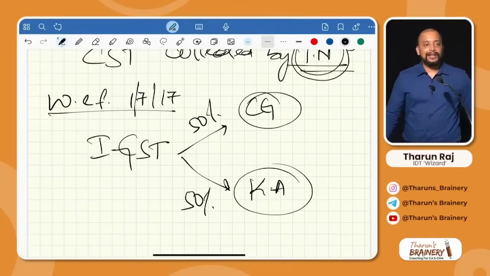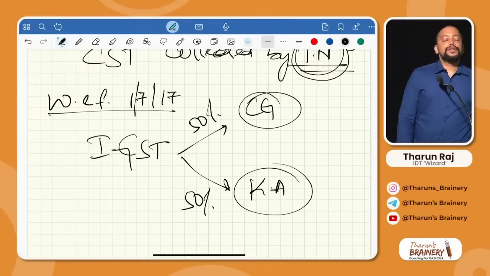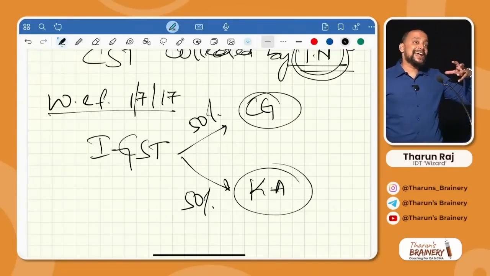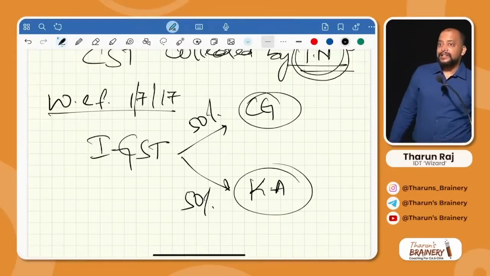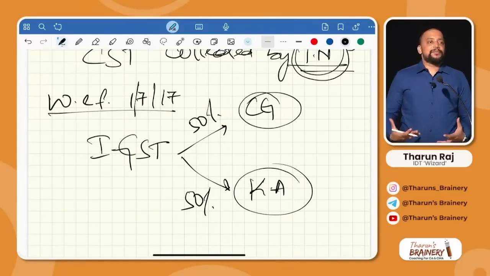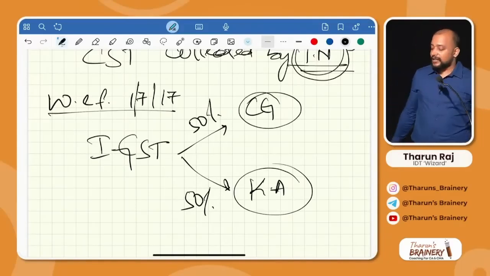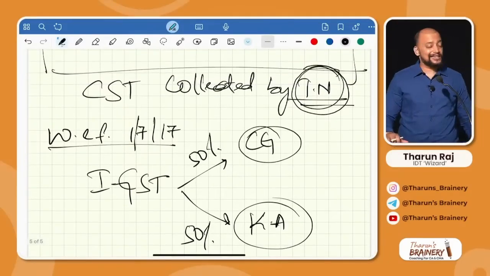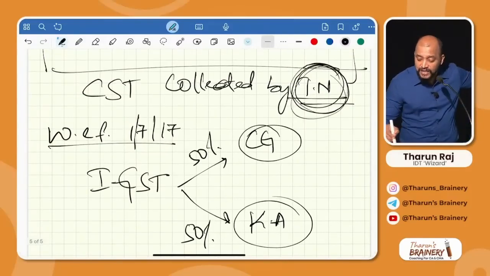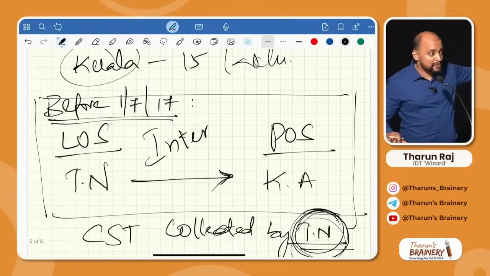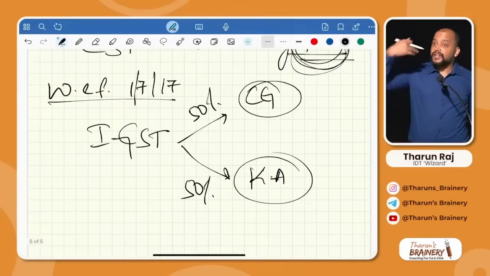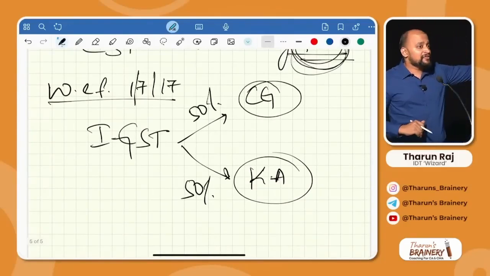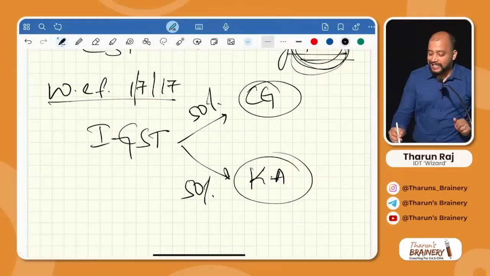Is there a loss to Tamil Nadu? Yes or no? There is a loss to Tamil Nadu, and to compensate that loss, the state governments asked the central government to somehow compensate them, because previously they were earning this money. But now 50% goes to the central government, and the remaining 50% goes to the consuming state, that is Karnataka.